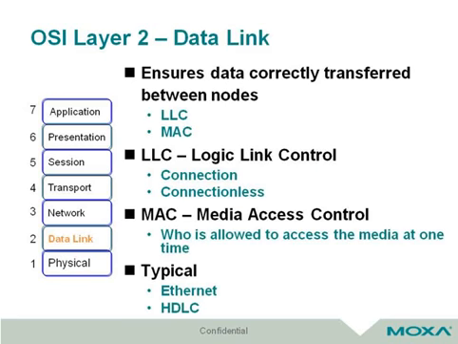Layer 2 is data link layer. It ensures data correctly transferred between nodes, which means it defines how to transfer the data to prevent collision or what to do when collision happens. There are two sublayers of data link layer, LLC, Logic Link Control Sublayer, and MAC, Media Access Control Sublayer.